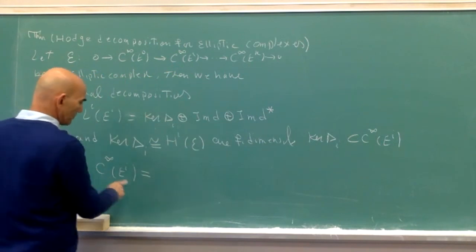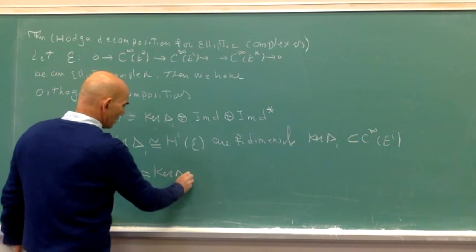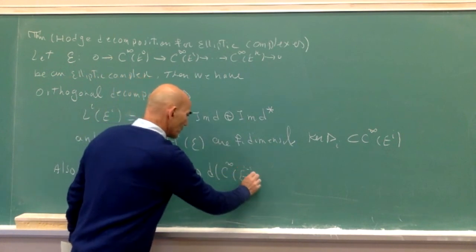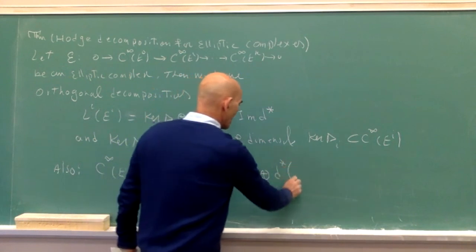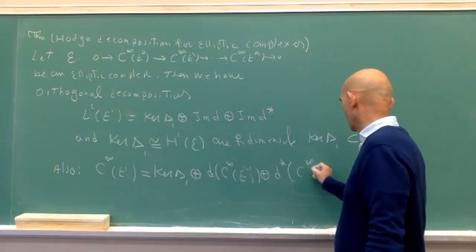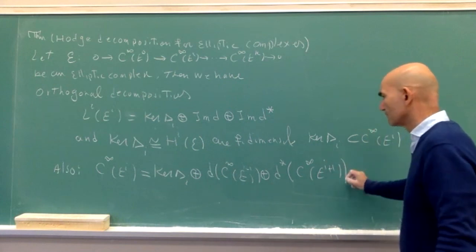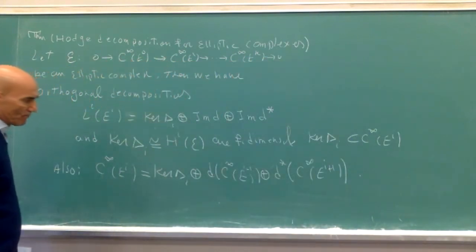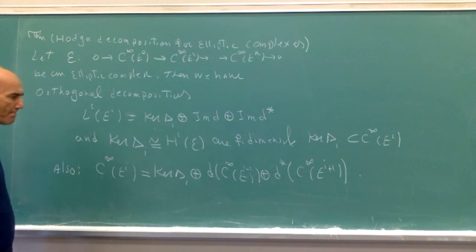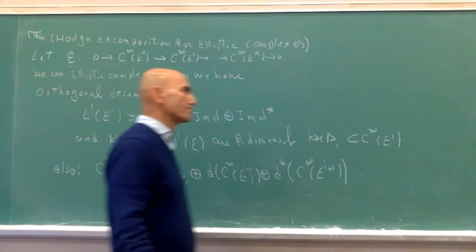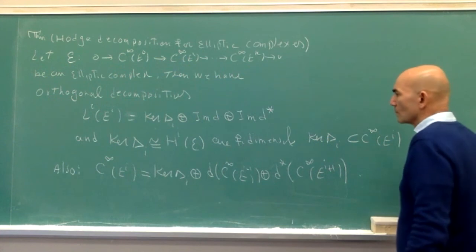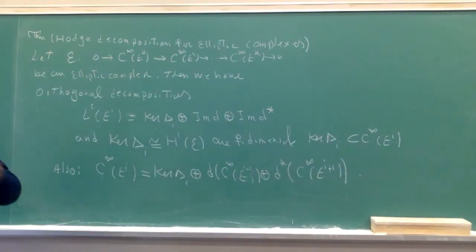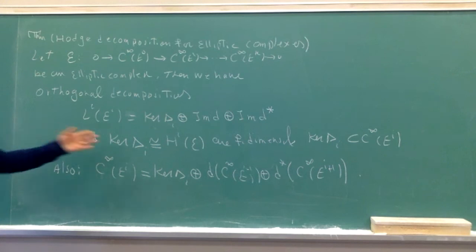The C infinity decomposition is that C infinity of E_i is equal to the kernel of delta_i, plus d of C infinity of E_{i-1}, plus d star of C infinity of E_{i+1}.